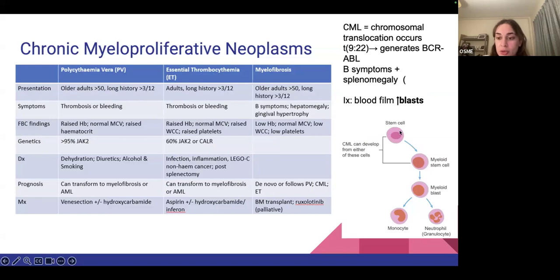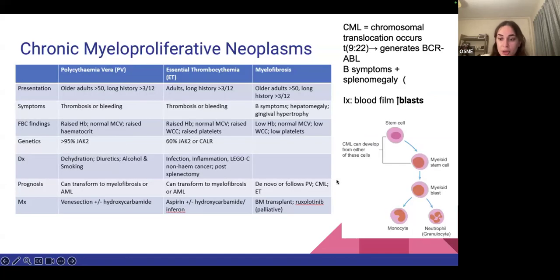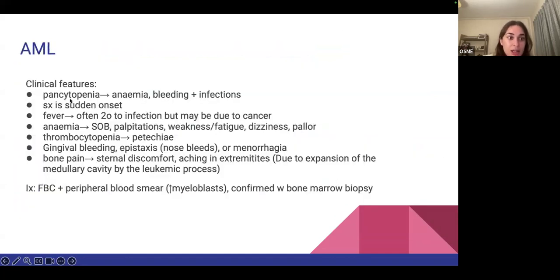So CML can be caused either by the original stem cells or the myeloid stem cells themselves, but they won't see blasts, which is different to AML, which is a cancer of the myeloid blasts, and you get pancytopenia, anemia, and infections because you've got a reduction in your red blood cells, your white blood cells, and your platelets.